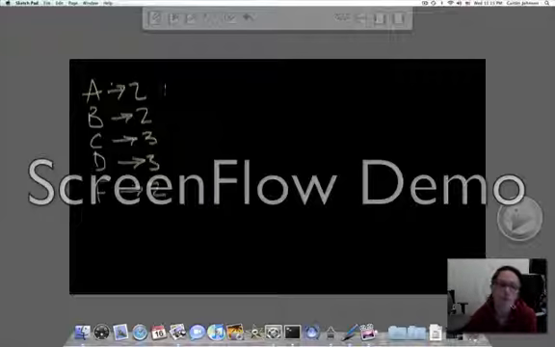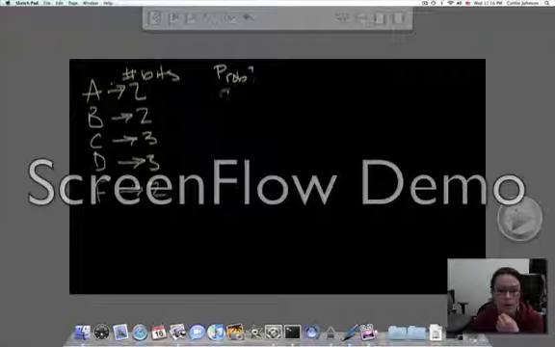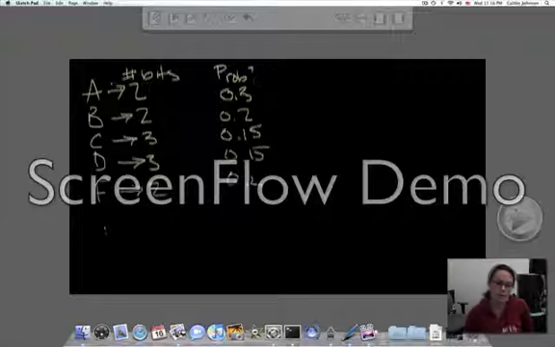So the number of bits, and the probabilities were 0.3, 0.2, 0.15, 0.15, and 0.2.